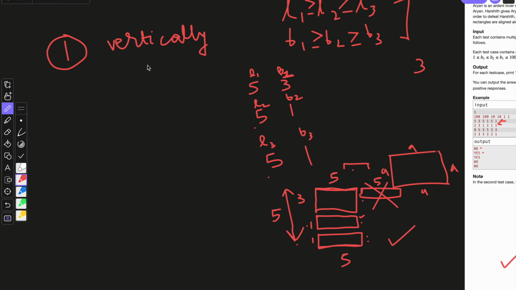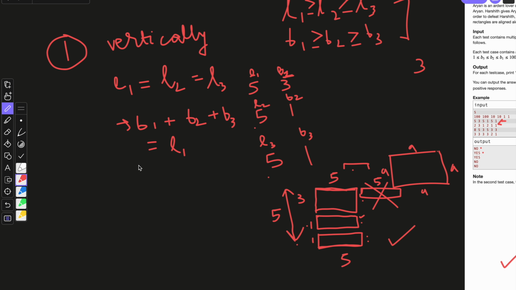So this is case 1, vertically, when L1 is equal to L2 is equal to L3. Now we have to check if B1 plus B2 plus B3 is equal to L1 or not.